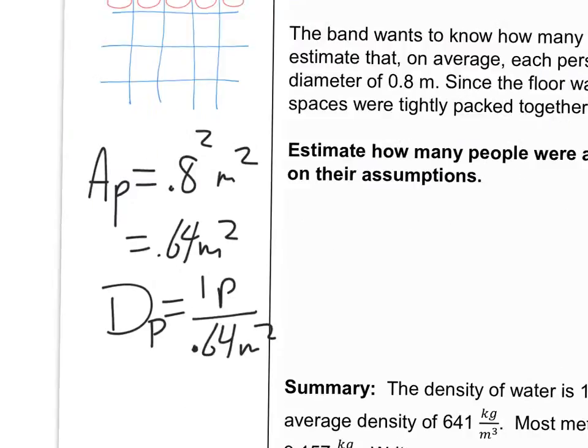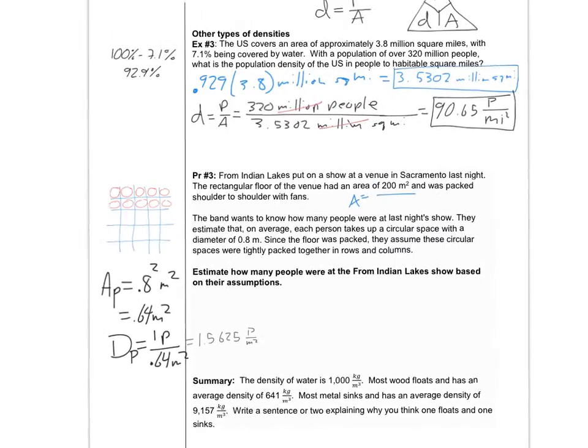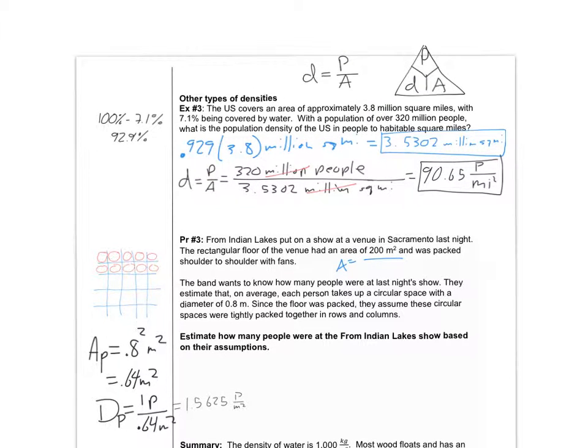And then you could actually calculate that. You could just do 1 divided by 0.64. And so now you actually come up with a value for your density. It's 1.5625 people per every square meter. Okay, that's important because remember, if we go up here to the flux capacitor method, if we're looking for people, which is what this one says, estimate how many people, people equals density times area.